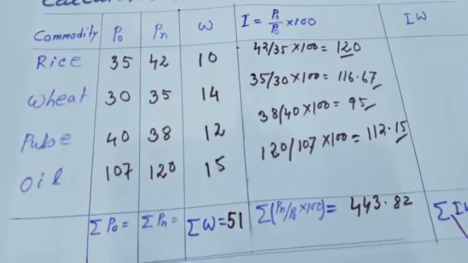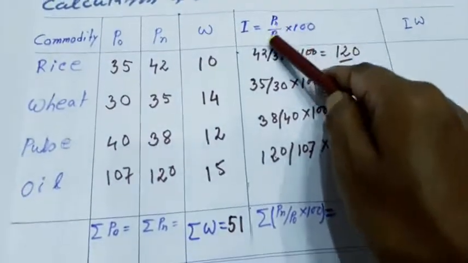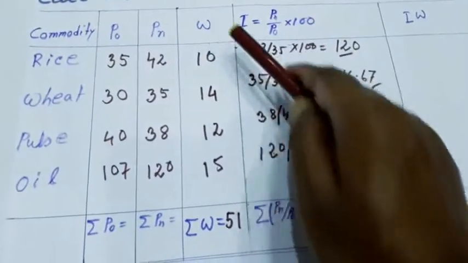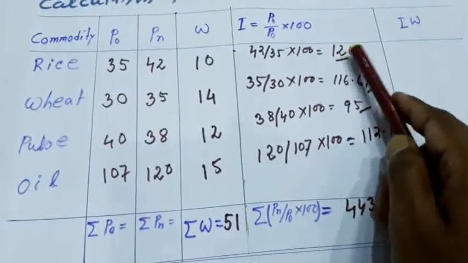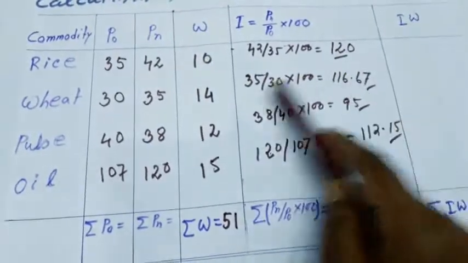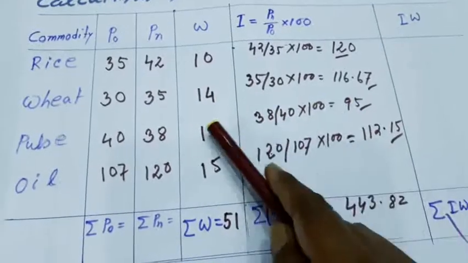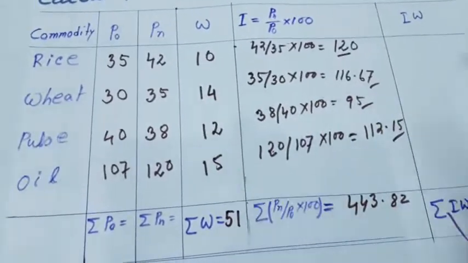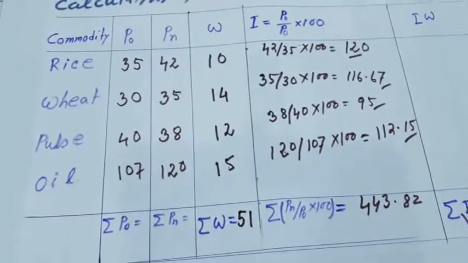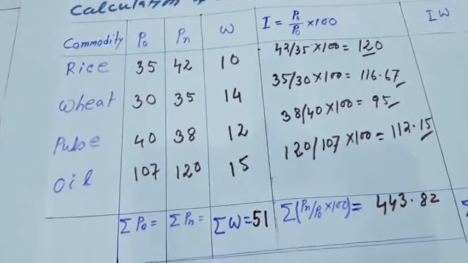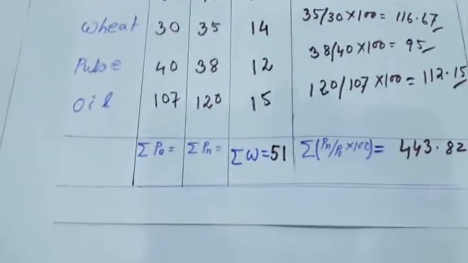Now the demand of the formula is Pn by P0 into 100 into W. It means we have to multiply this 120 by 10, this into 14, this into 12, this into 15. Okay. Now if we multiply this, what we will get?